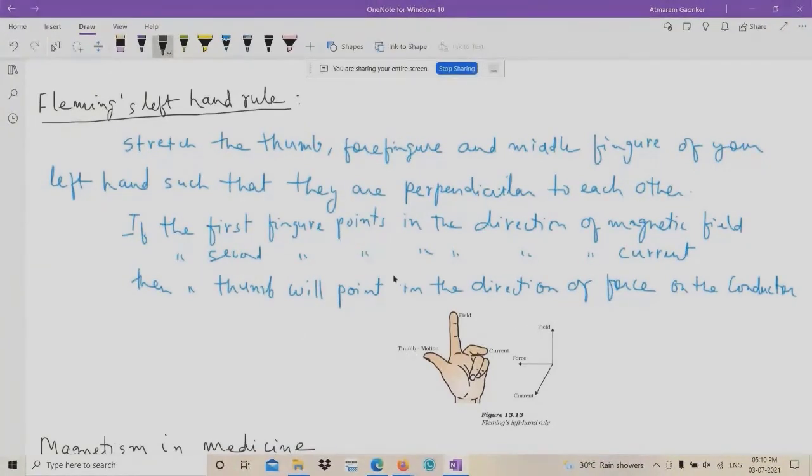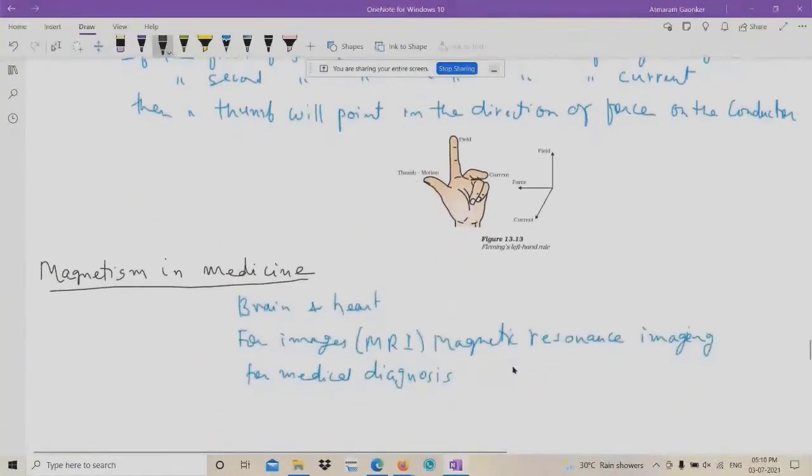If the first finger points towards the current, the second finger points towards the magnetic field, and then the thumb will point towards the force experienced by the current carrying conductor. This is how it is. So this is the thumb rule, and from the thumb rule, if two directions are given, the third direction you can find out. So that was about the thumb rule.